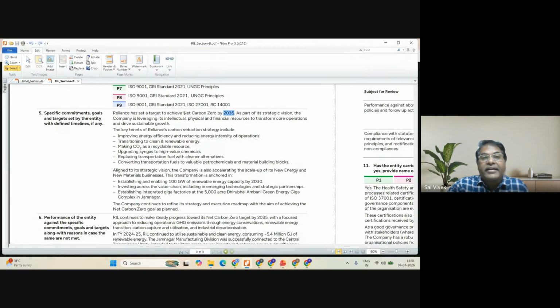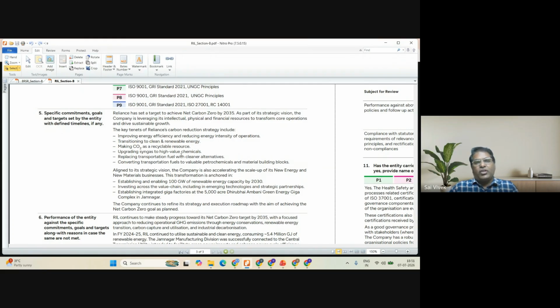Net zero target is 2035, you see here. It is not a near-term target, it is a long-term or final target. As part of its strategic vision, the company is leveraging its intellectual, physical, and financial resources to transform core operations and drive sustainable growth. The key tenets of Reliance's carbon reduction strategy include improving energy efficiency and reducing energy intensity of operations.